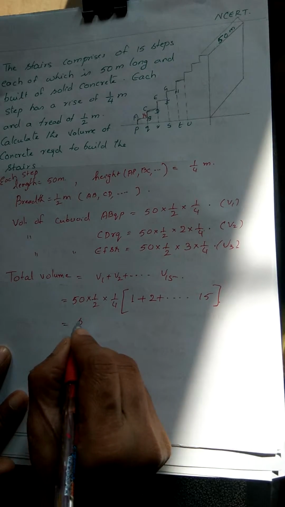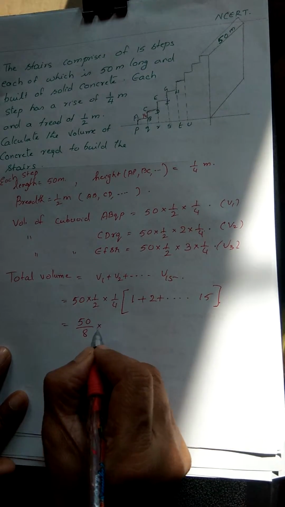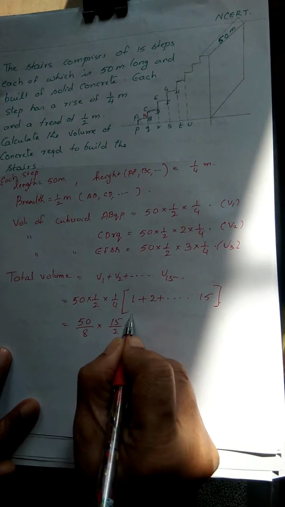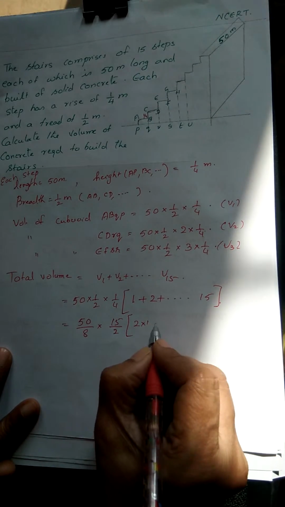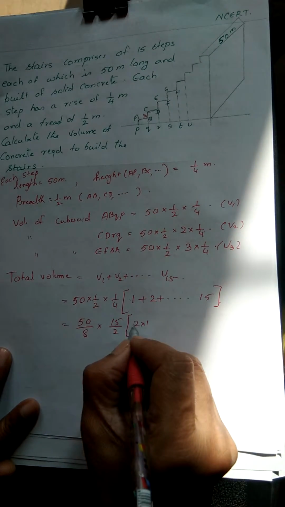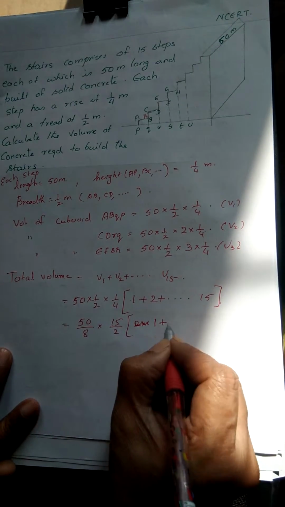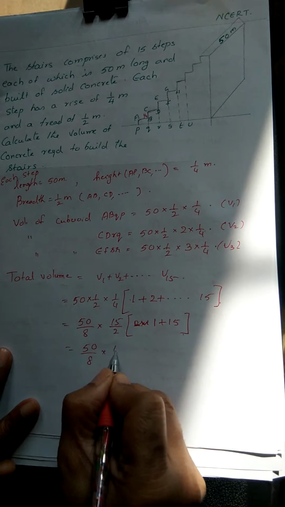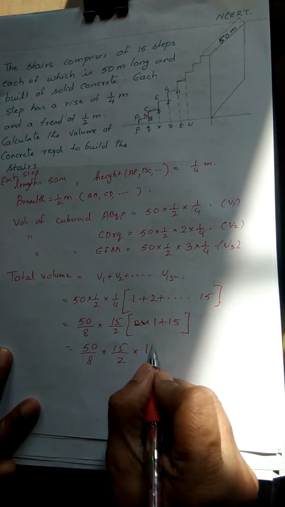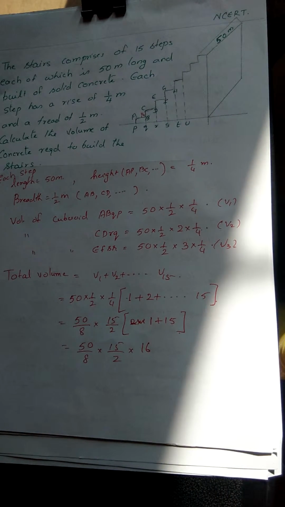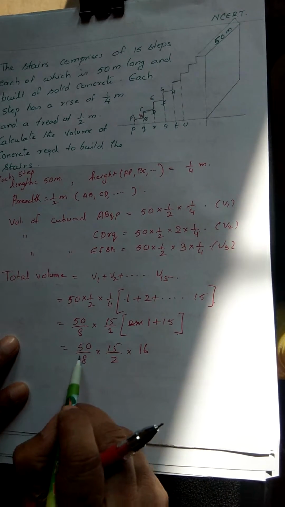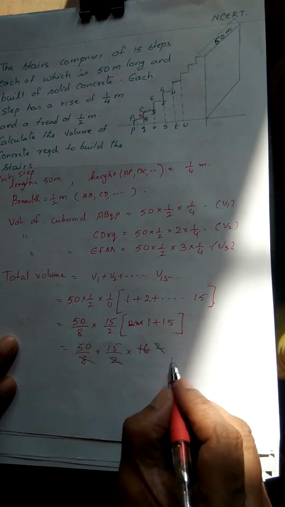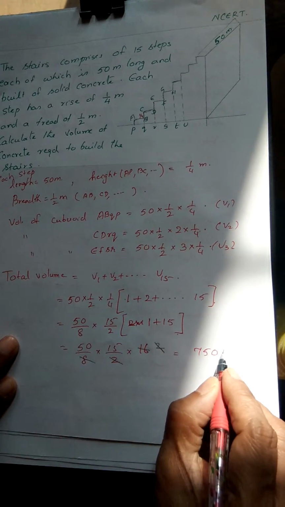So this is equal to 50 by 8 into the sum of 15 terms. So n by 2 into a plus an, that is 15 by 2 into 1 plus 15. So this is equal to 50 by 8 into 15 by 2 into 16. So this is equal to 750 meter cube.